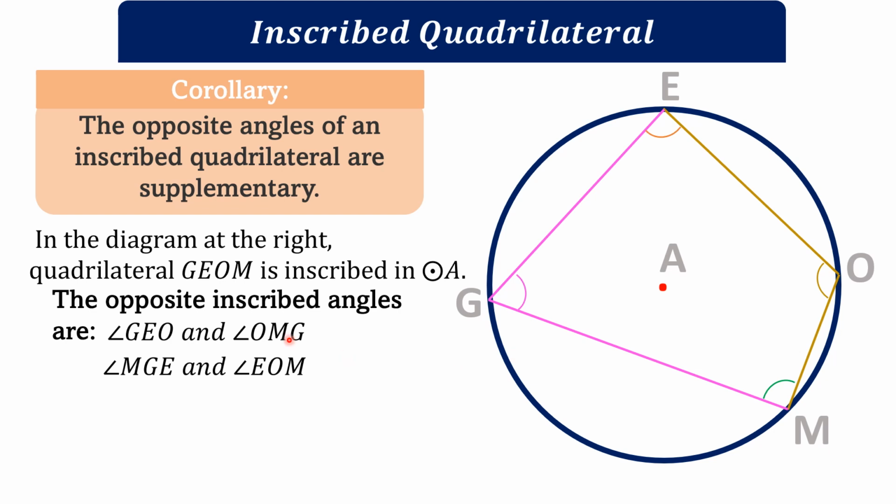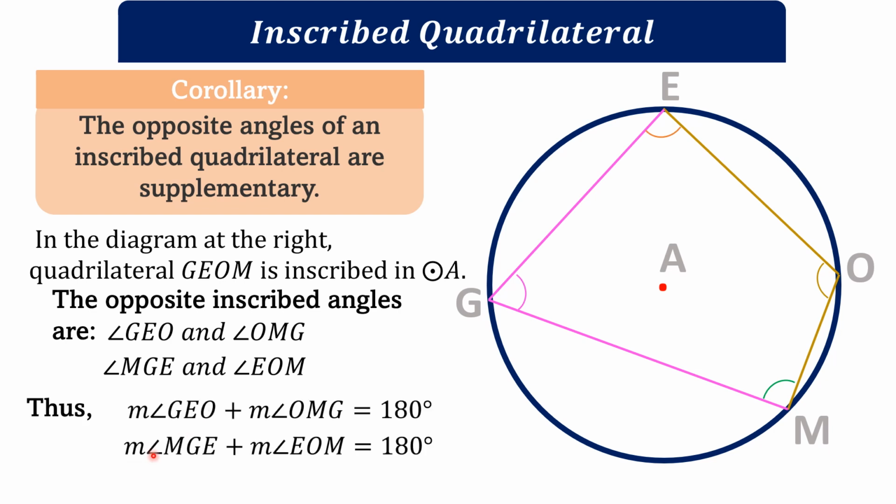Thus, for this pair of opposite inscribed angles, the measure of angle GEO plus the measure of angle OMG is equivalent to 180 degrees. And also, the sum of the measures of the other opposite inscribed angles, angle MGE and angle EOM, is 180 degrees.